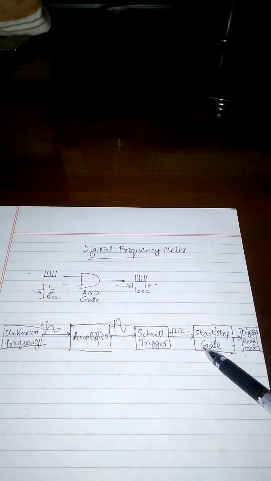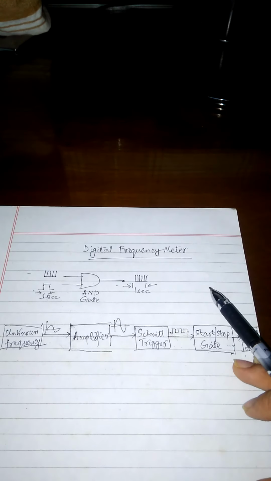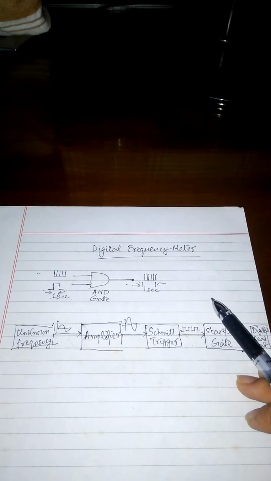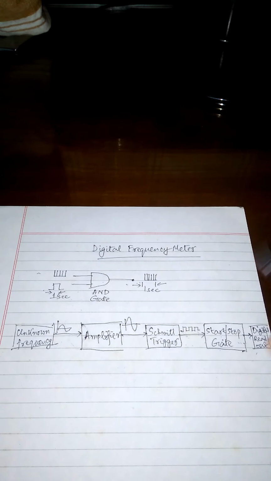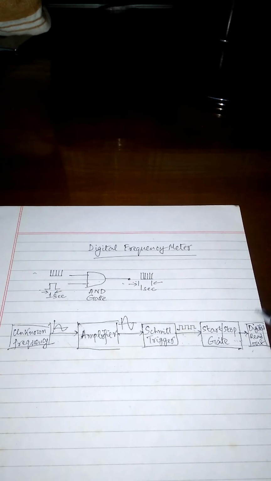So the counter gives us the direct indication of the frequency. When this gate goes into disabled condition, the counter stops counting. So this is the working principle and the method by which an unknown frequency value can be measured.